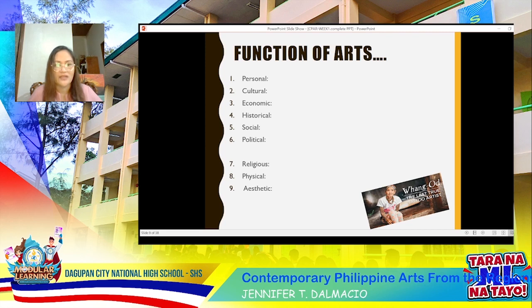When we say personal, that is when art is used for personal reasons. So, like the other artists who give free exhibits just to let the public see and have a taste of their masterpieces.